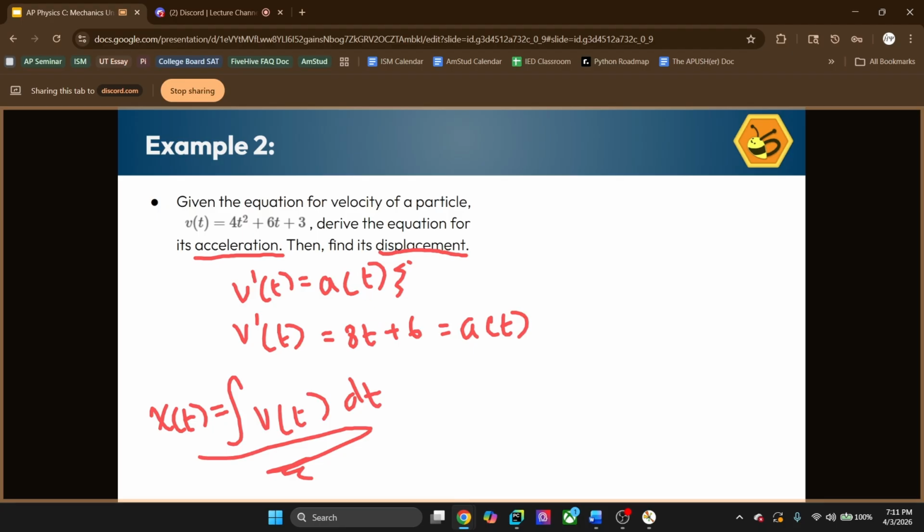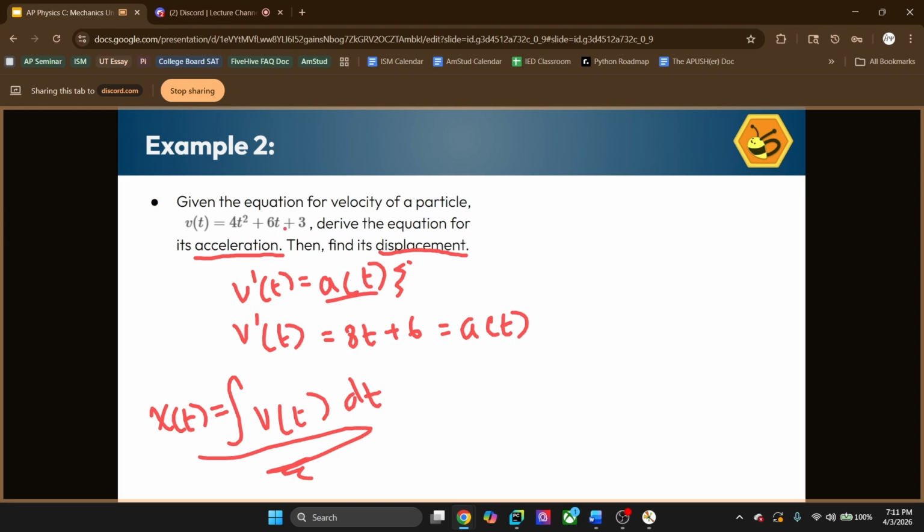If you have no idea how to answer this question on an FRQ, if you just write down the definition, you can genuinely farm points on FRQs. That said, let's integrate v of t.